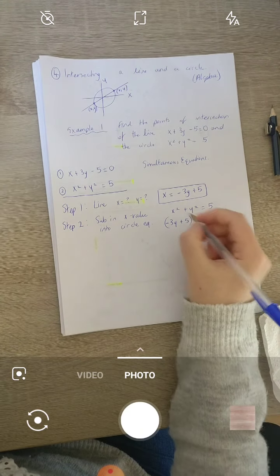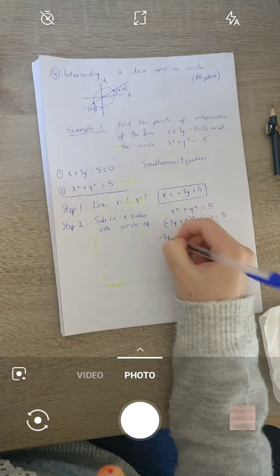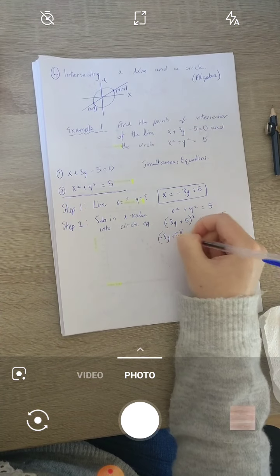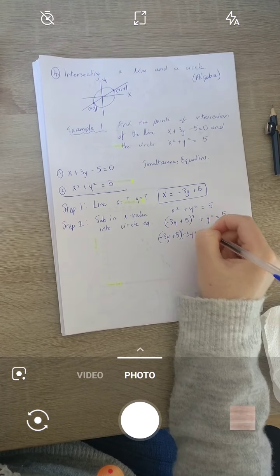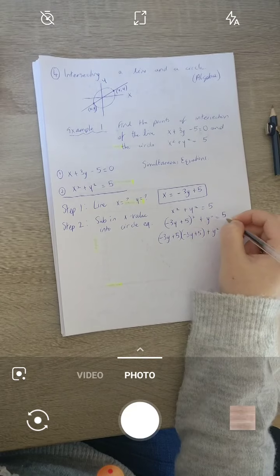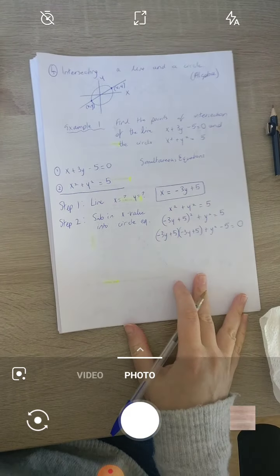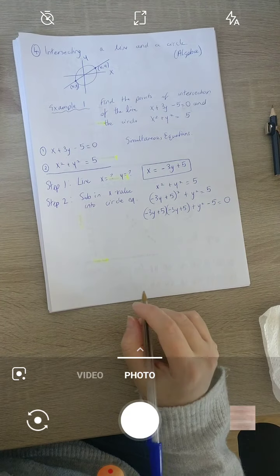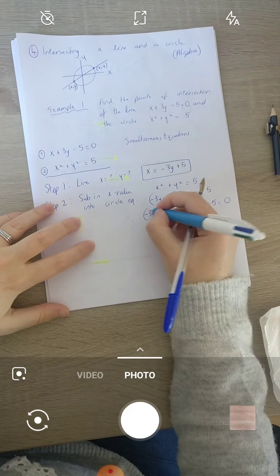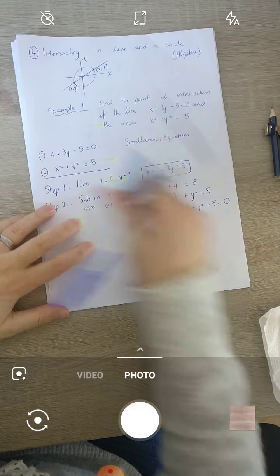And if we have all the same variable, it means we should be able to solve it. So let's multiply out. So squared means (minus 3y plus 5) times (minus 3y plus 5) plus y squared. I'm actually going to bring that 5 over and leave everything on the left and let it equal 0. Multiplying out back-to-back brackets, again, this is all algebra.